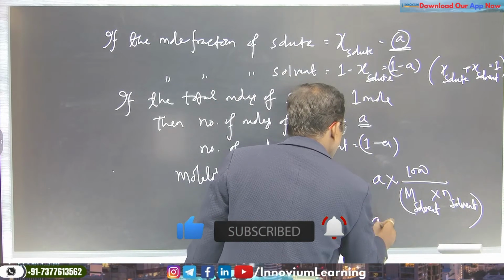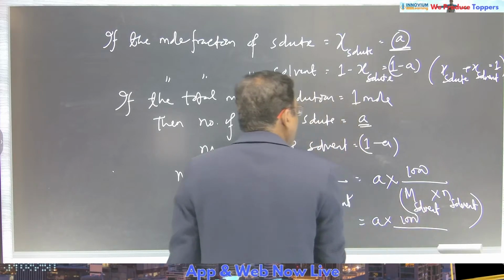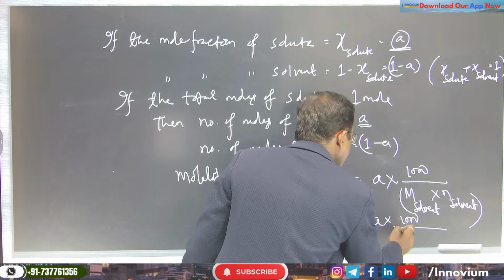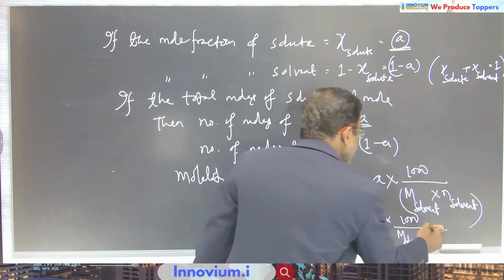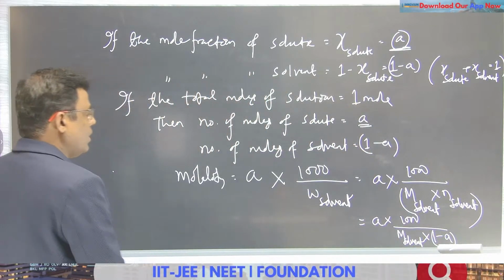So this is equal to A multiplied with 1000 divided by molar mass of solvent multiplied with the number of moles of solvent, that is 1 minus A.